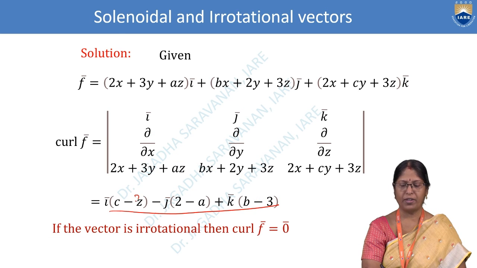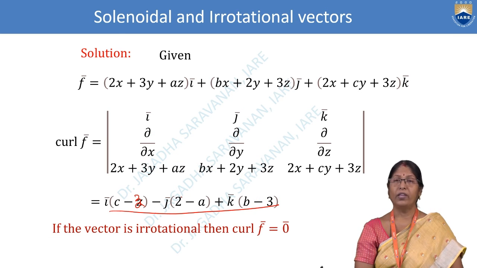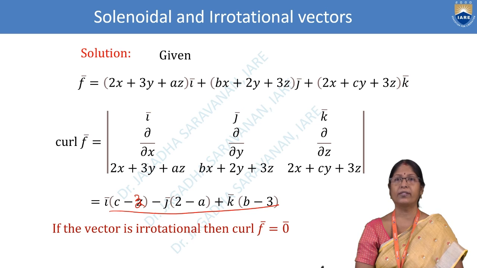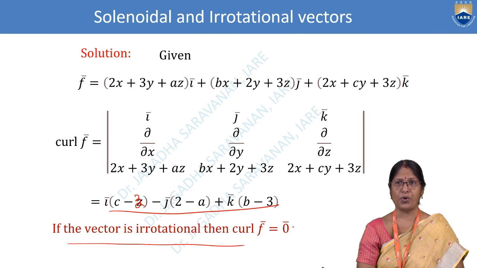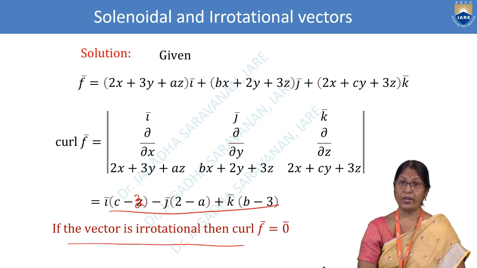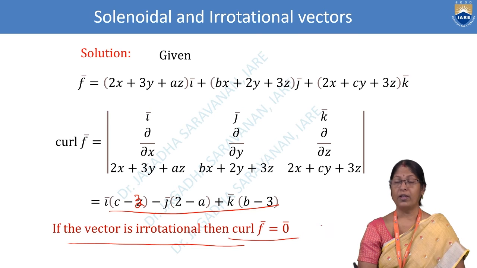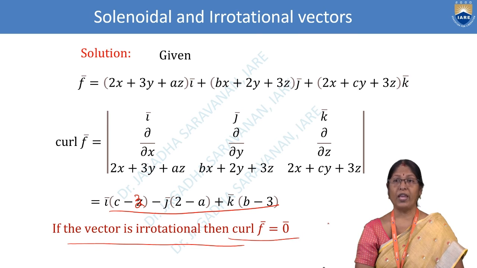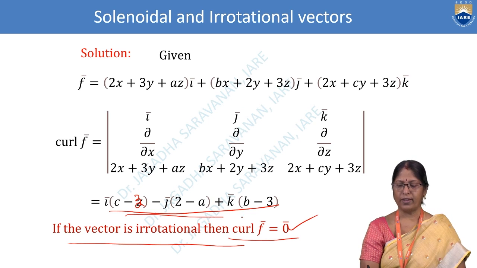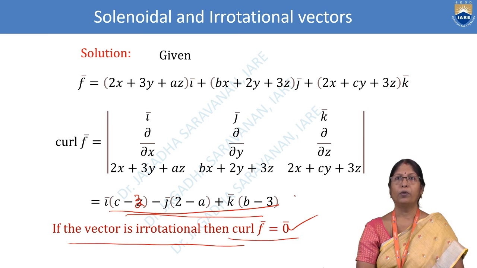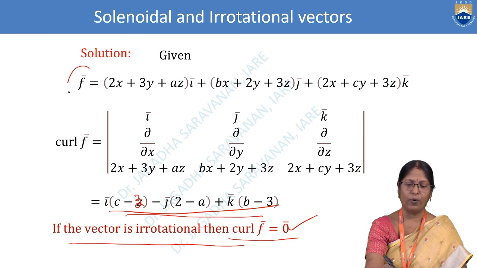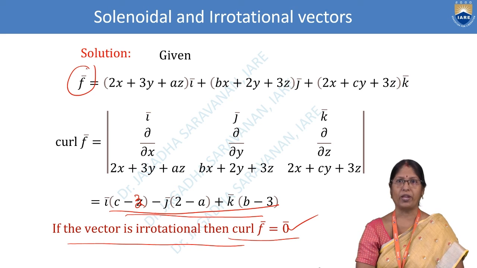So we completed here. The condition given in the question is that the vector is irrotational. If the vector is irrotational, the condition to satisfy is curl vector f equal to 0 vector. So the result we got should be equated to 0 because our given vector f is irrotational.